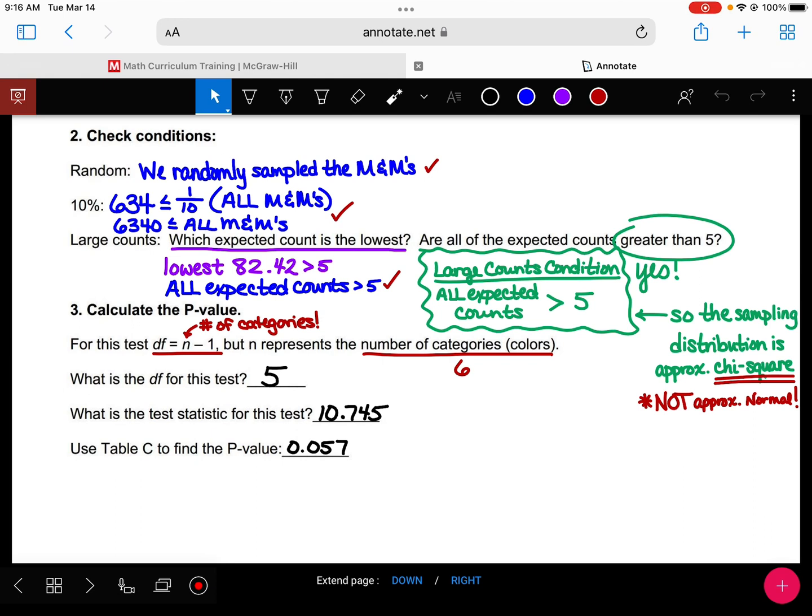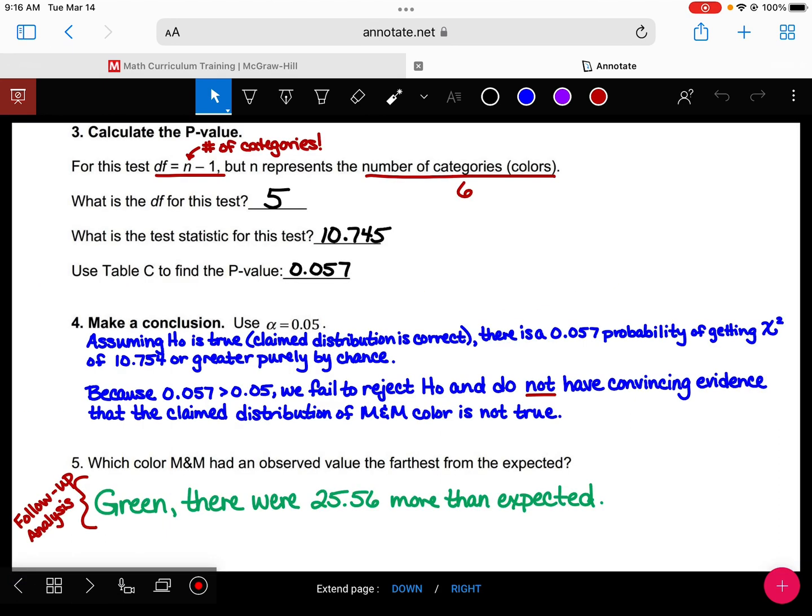Did we reach a conclusion yesterday? We didn't write it down, but did we reach one? Yeah. What did we conclude? We failed to reject. Assuming the null is true, the claimed distribution is correct, there was a 0.057 probability of getting chi-squared of 10.754 or greater purely by chance.